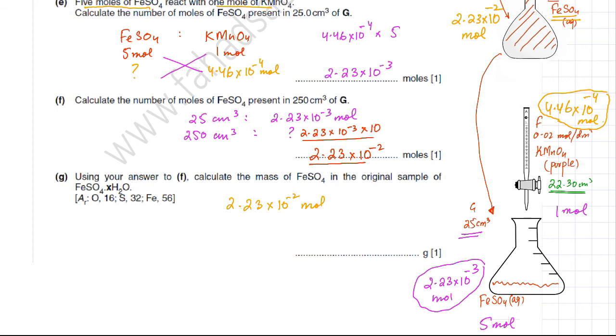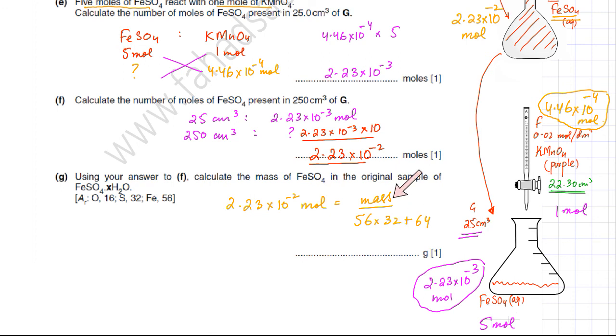And moles is equal to mass divided by the molar mass, the MR. So we need to find the MR of FeSO4, which is going to be Fe is 56, sulfur is 32, and there are 4 oxygens. So 4 oxygens are going to be 16 into 4. That would be 64.